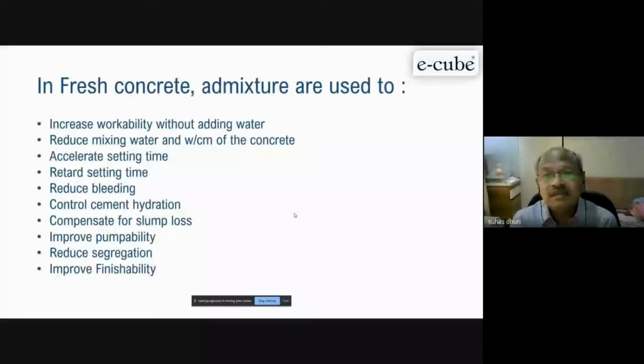We will discuss in placing what pumpability is, how to see which is pumpable concrete, which is non-pumpable concrete, and how to design it. That we'll discuss later. But it improves. The behavior of concrete under pressure is totally different from normal placing of concrete.